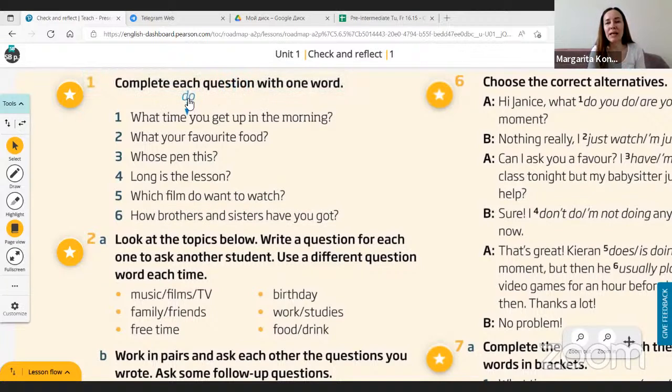Yeah, Laris, how about the second? What kind of your favorite food? Okay, well, yes and no. What is your favorite food? That's good. What is your favorite food? Well done. Aida, what about 3?